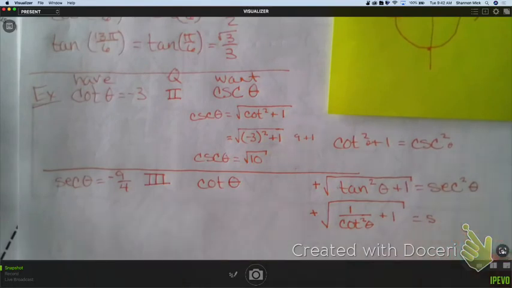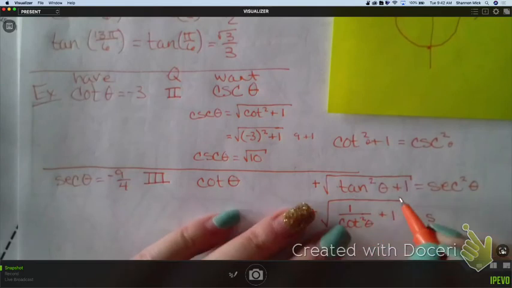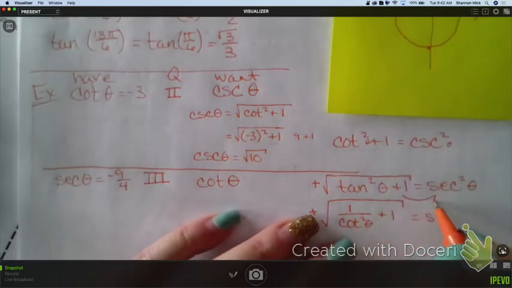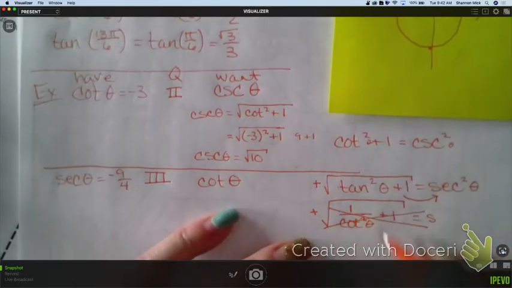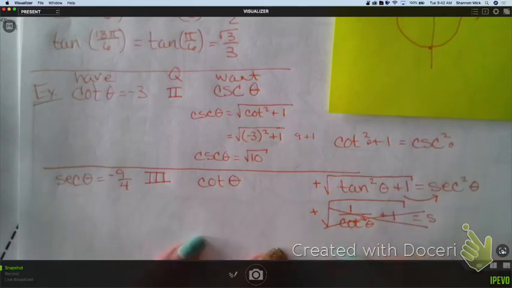Wait a second, I solved this for the wrong thing, didn't I? What were we supposed to be finding? Cotangent. What did we solve it for? Secant. We needed to go the other way, didn't we? So what do I need to do before I take the square root? Subtract 1. We're still going to have to do the same thing. Still going to be positive, right? So I'm going to have tangent squared equals secant squared minus 1.